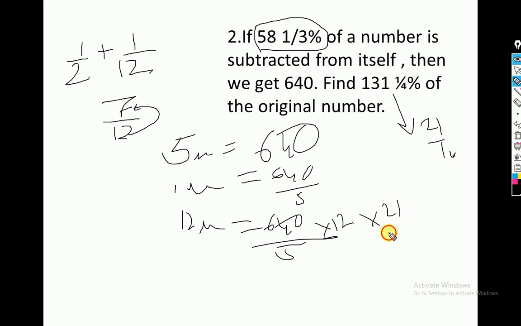Now here you can cancel directly. 16 and 640 is 40, and then 5 and 8. So it comes to be 96 into 21.